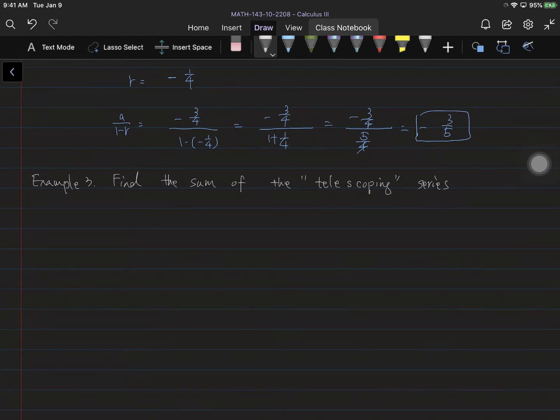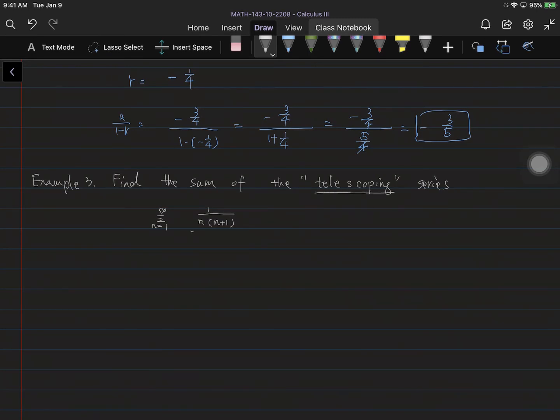The series looks like this form. Let's take a look: 1 over n times n plus 1, n from 1 to infinity. Okay, we want to find the sum of this series. Why it's called telescoping, I'm going to show you now.